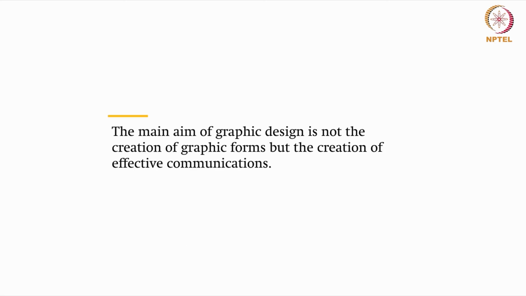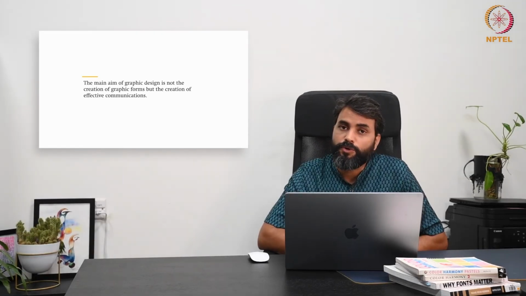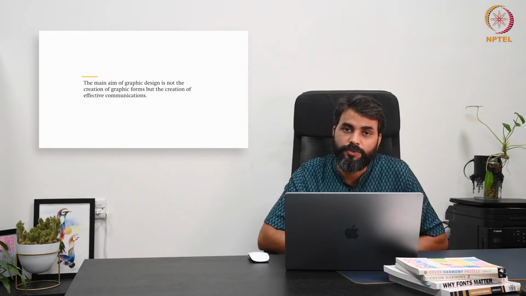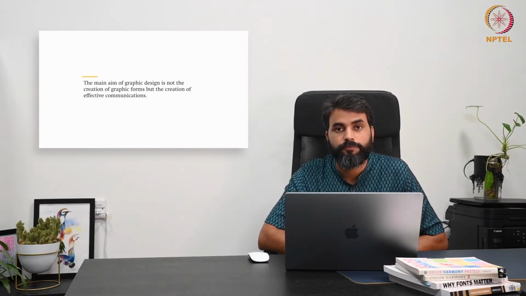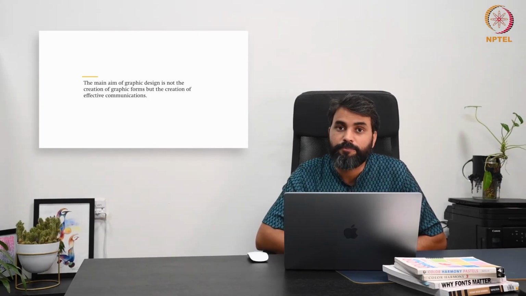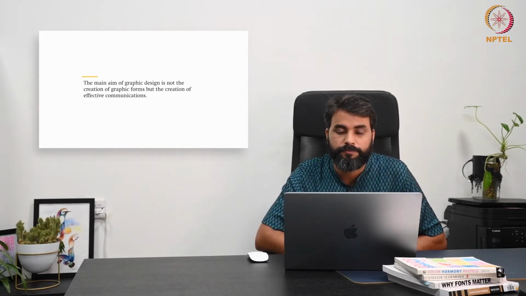Also, you must remember that the main aim of graphic design is not the creation of graphic forms, but the creation of effective communications. That means it should not be only pleasing to your eyes, but it should also work as an effective means to communicate what has been intended to the user.